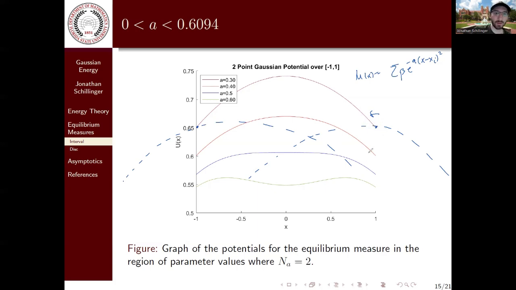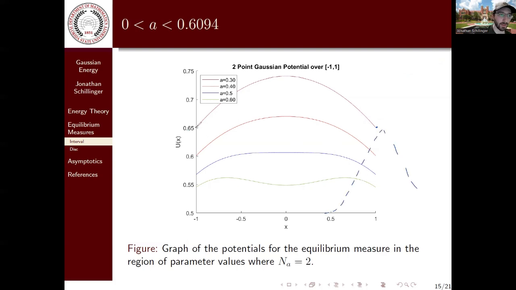But as A gets larger, these distributions become thinner, and eventually I'm going to have something like this, where the overlap between the two is small enough that the middle of my potential is going to dip. And eventually it'll dip far enough that I'll hit that critical parameter where I'm equal to the same value I am on the outsides.